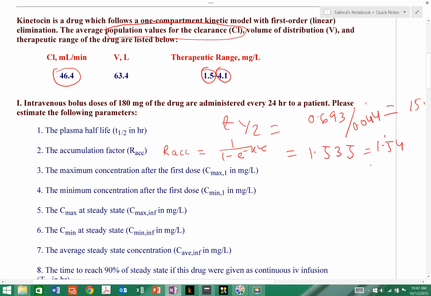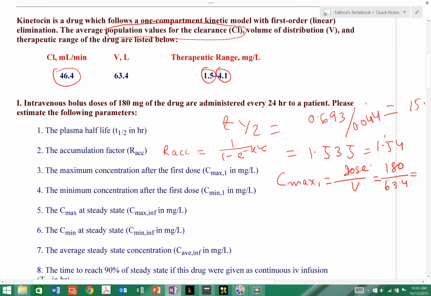And then the maximum concentration after the first dose. In that case, we have to use Cmax1 is equal to first dose by V. So our dose is, I think, 180 milligram, and our volume of distribution is 63.4.